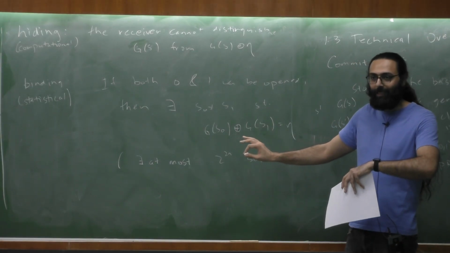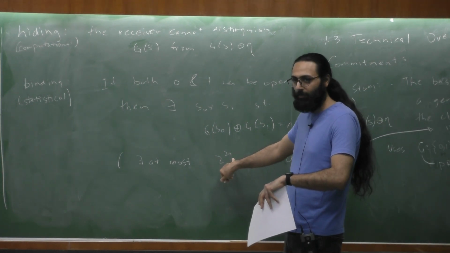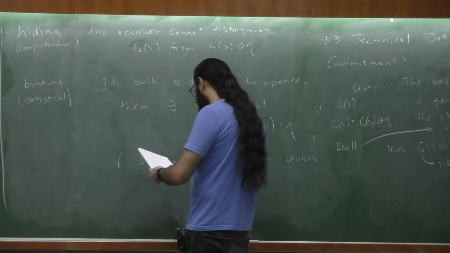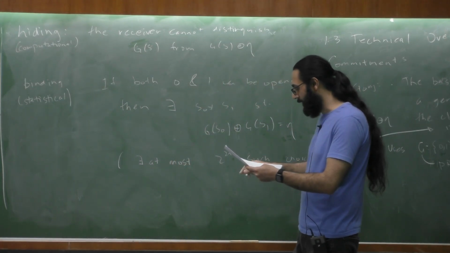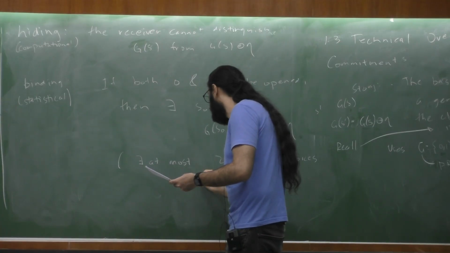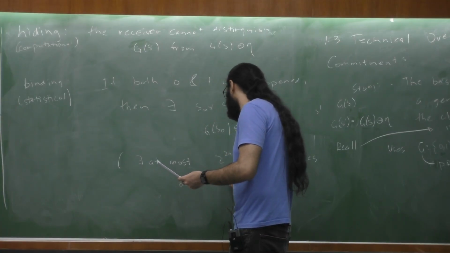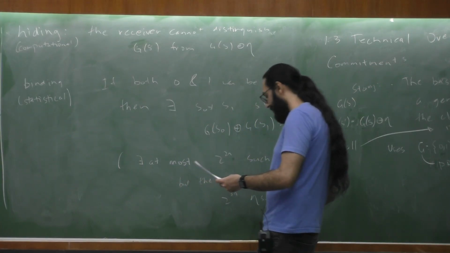I'll explain it more next time. The argument very quickly is that there are at most 2 to the 2n choices, and eta is sampled from 2 to the 3n possibilities, right? There are 2 to the 3n etas.